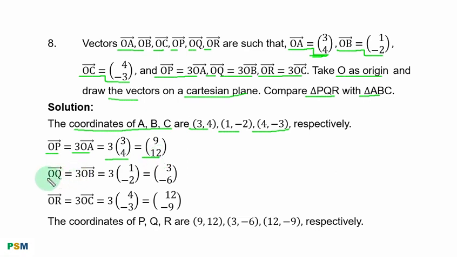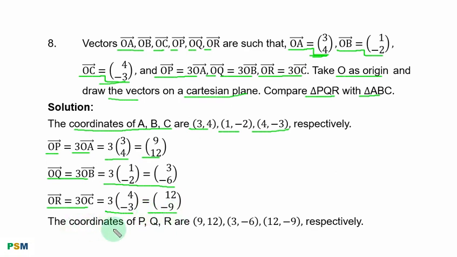Vector OQ is equal to 3 times vector OB. You have these results. Vector OR is equal to 3 times vector OC. This is vector OC. You multiply it by 3 and you have vector OR.